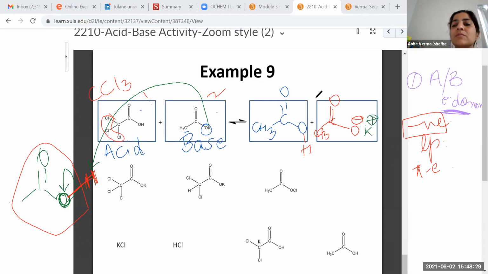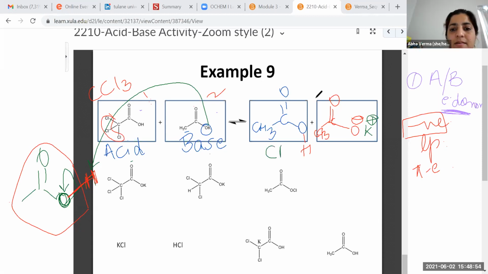So let's try to recognize the rest of them. I have my acid, I have my base. Which out of these two is going to be my acid? The OH, the first one, conjugate acid.